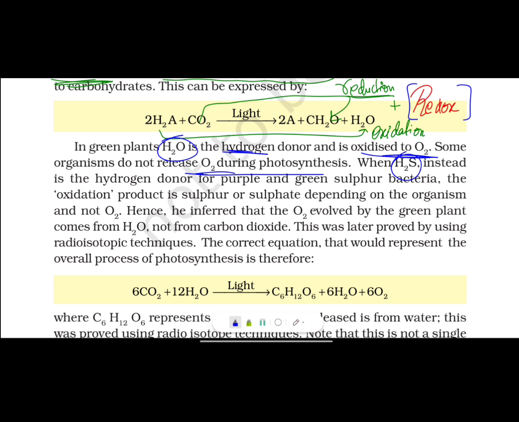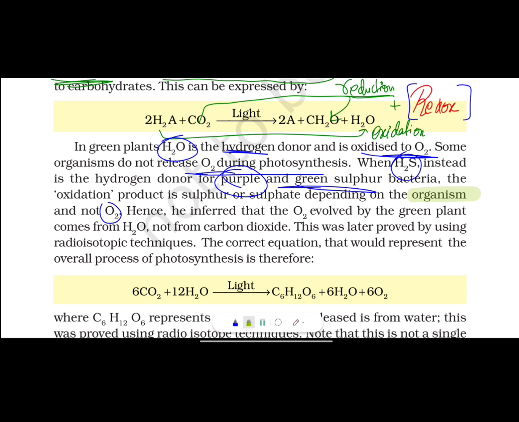For the purple and green sulfur bacteria, the oxidation product is sulfur or sulfate, depending on the organism, and not O2. So it changes because of the type of organism it belongs to.